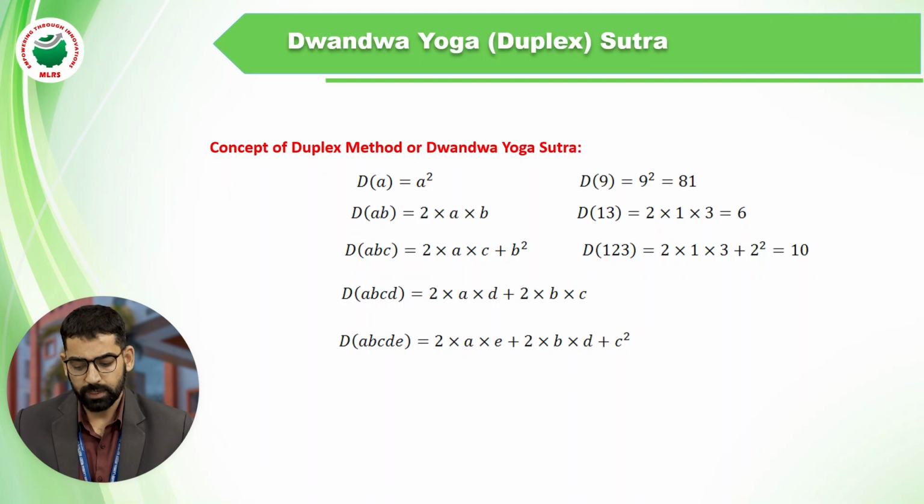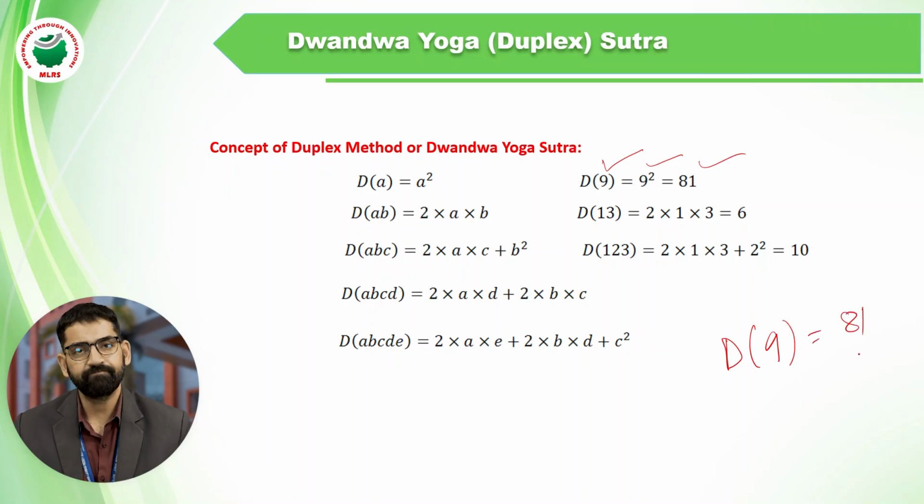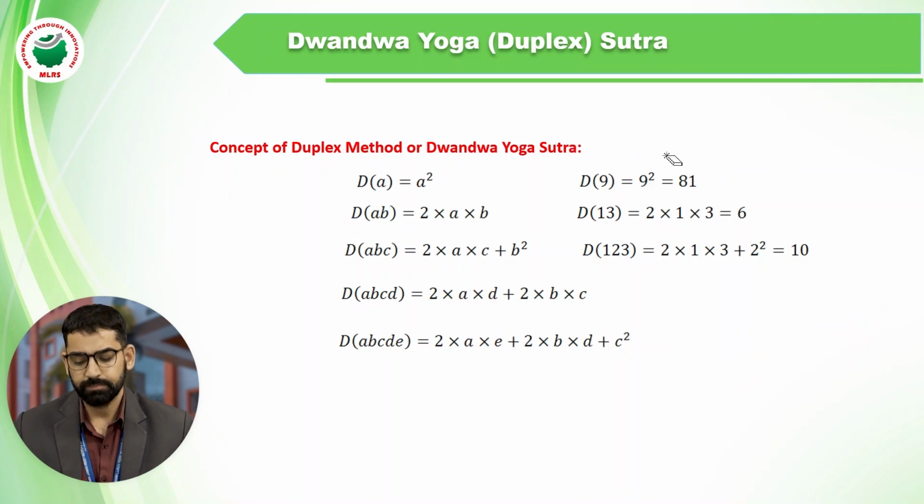The duplex of a single digit number, which is 9 in this case, is its square, 9 square equals 81. So the duplex of 9 is 81. As you can see, D of a equals a square, where a is any given number. This is for a single digit number.